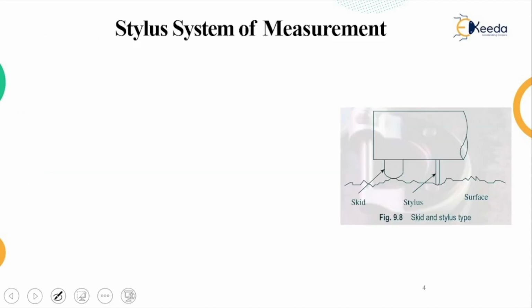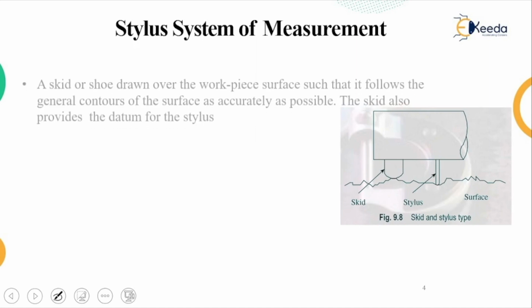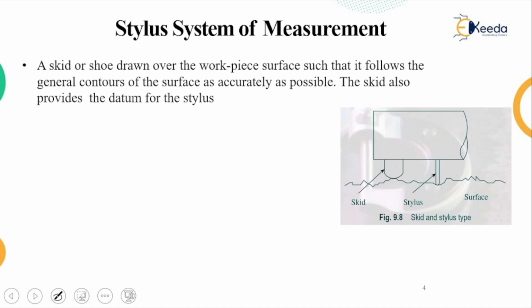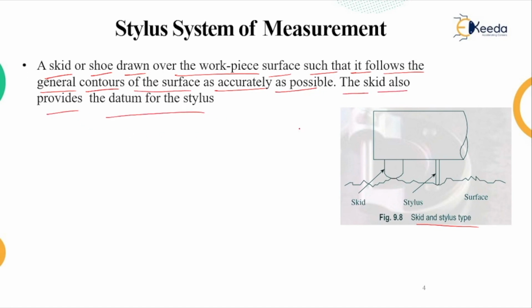Now the next one is direct measurement, the stylus system of measurement. You can see a diagram of the skid and stylus type of measurement. A skid or shoe is drawn over the workpiece surface such that it follows the general contour of the surface as accurately as possible, and this skid also provides the datum for the stylus.